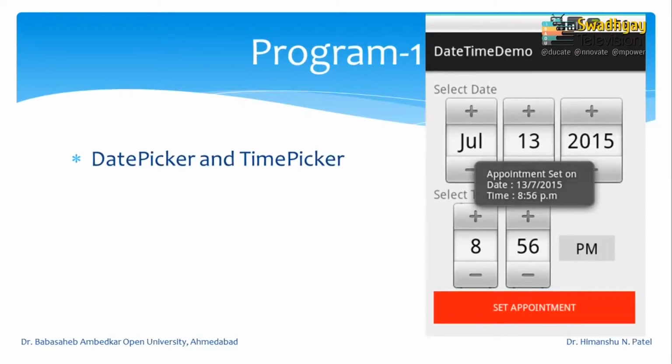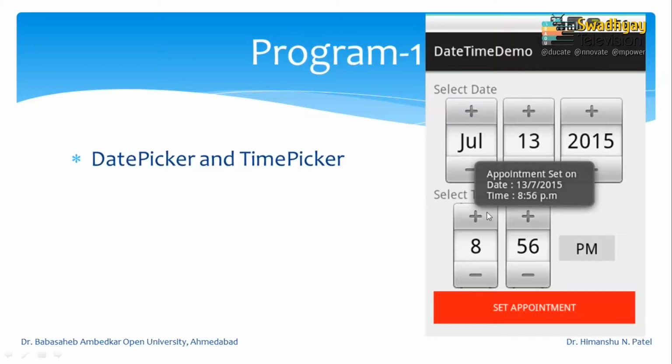So, here first program interface is there. Here in this select date, you can see this is a text view. Below this is a date picker, in which user can change this month by pressing plus, which increments month, and minus, which decrements month, date, which is incremented by plus and decremented by minus, and this is a year.